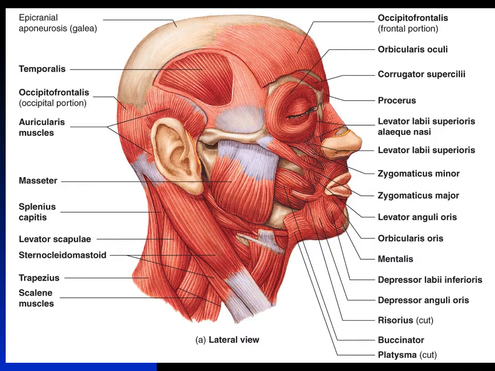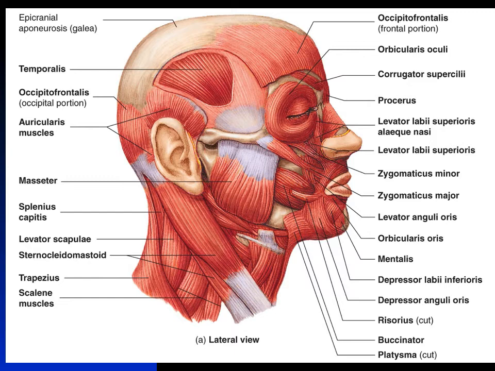So the first week we're going to go through a group of muscles that are on the head and neck. The masseter, which elevates the jaw in chewing, and then a bunch of other muscles that are involved in facial expression. The orbicularis oculi, which closes the eye or causes a wink. The zygomaticus, major or minor, which elevate the corner of the mouth as in smiling.